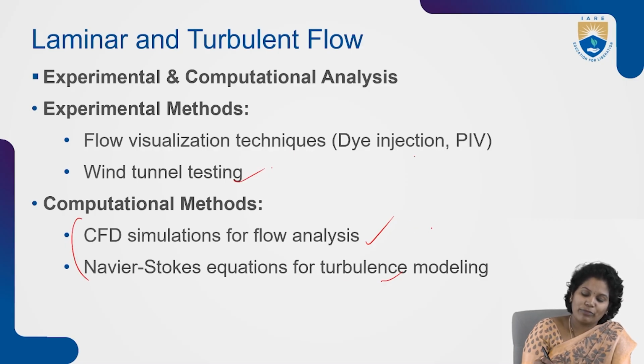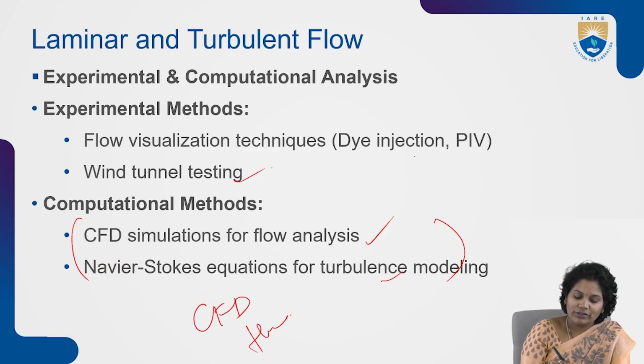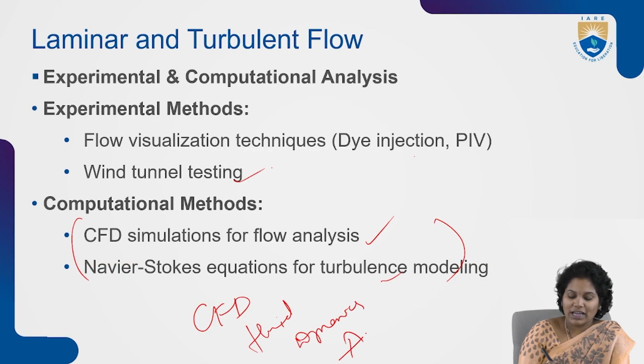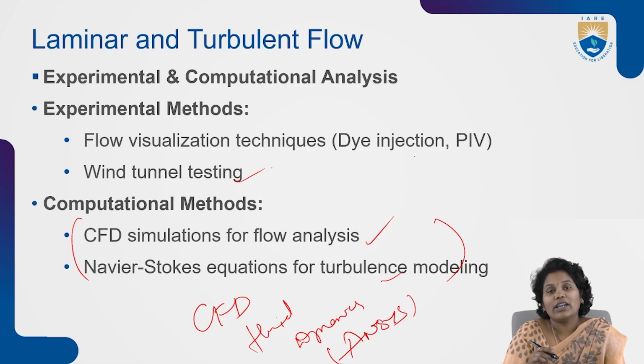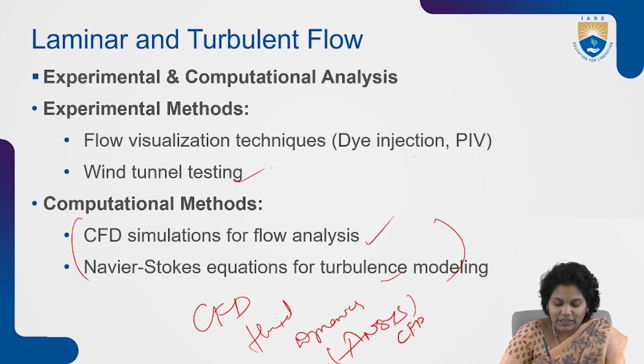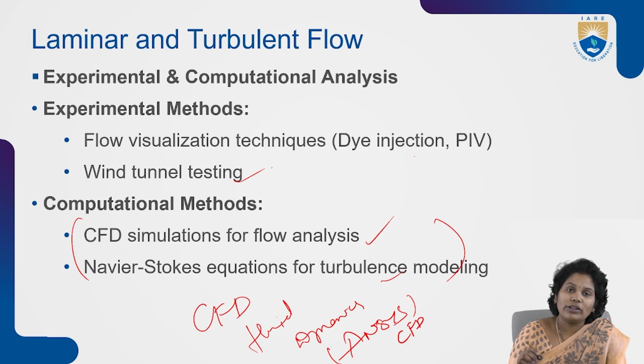These two are for computational fluid dynamics, CFD. The software is ANSYS. Using ANSYS CFD we can visualize the flow by giving the respective parameters and values, so that we can see the flow.